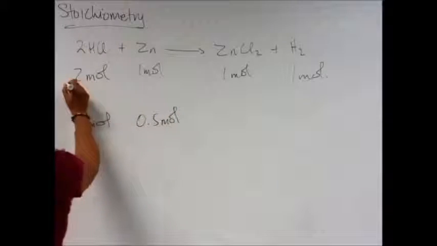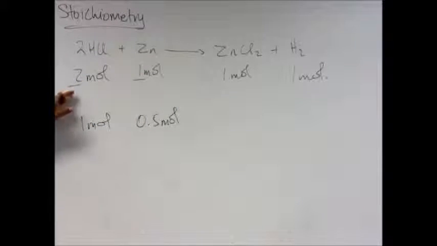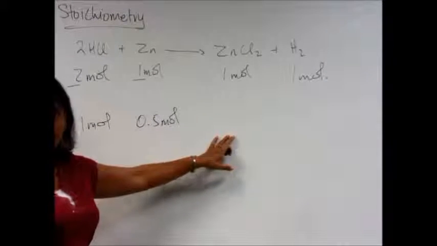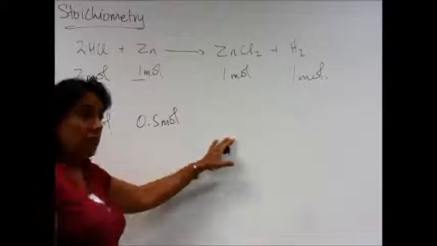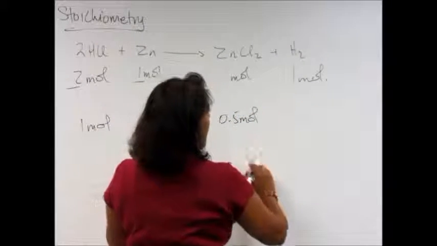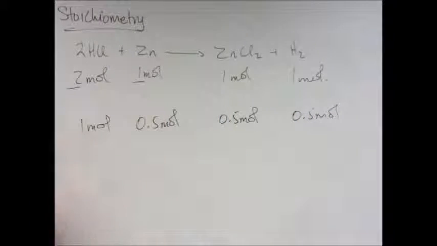The mole ratio here is 2:1. So if I have this, I also have this, and then how much zinc chloride will I produce? Half of that. And how much hydrogen again? Good? That's the mole ratio that we're talking about. So that's one option that you can have.